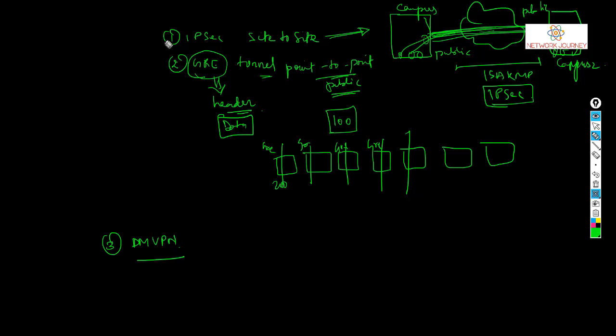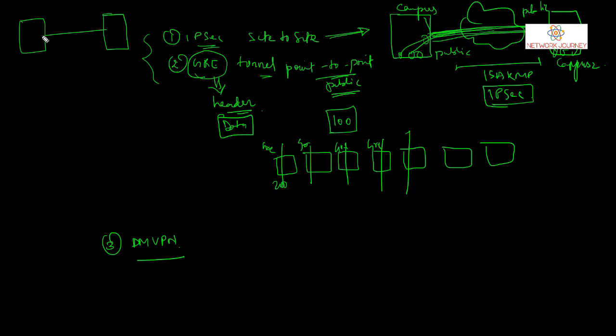If you look at it from these two points of view, IPsec is when you have two sites in a point to point connection. There is no third site. So in the case of site to site, you have one campus here and a second campus here, so your tunnel is just point to point. What if you want to bring in another campus?